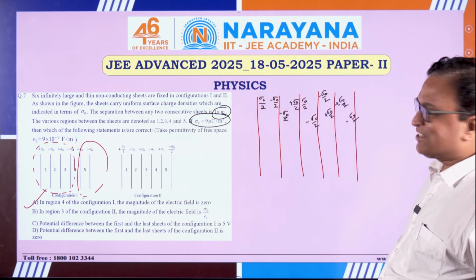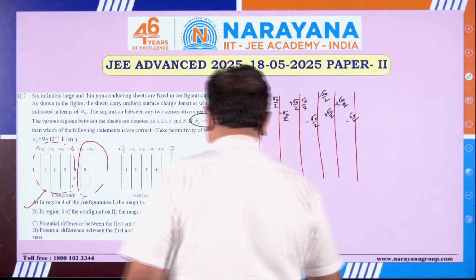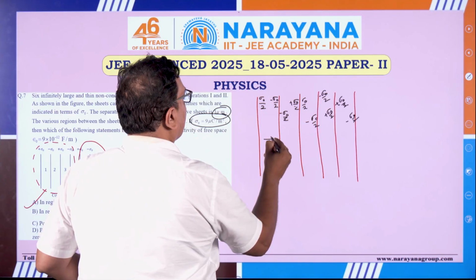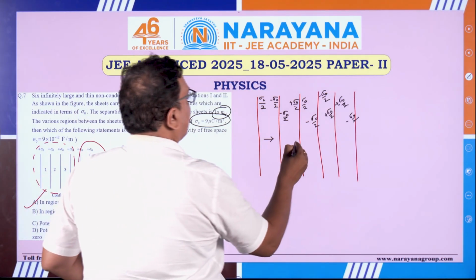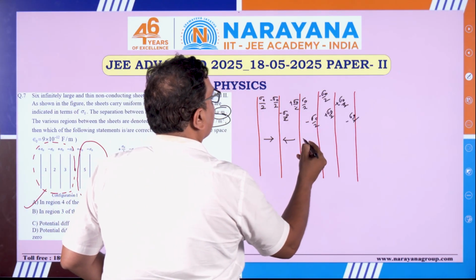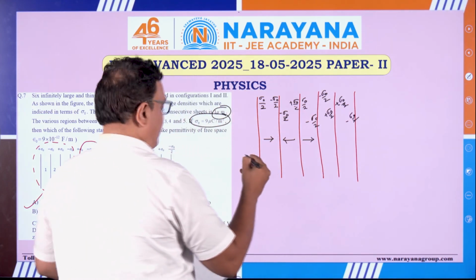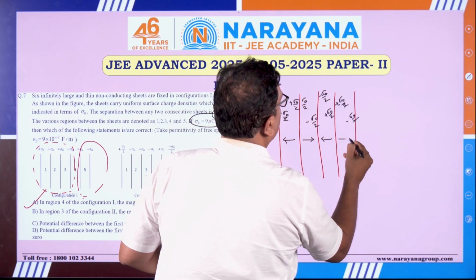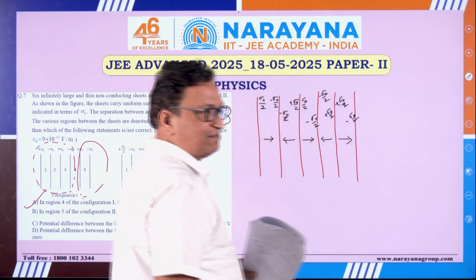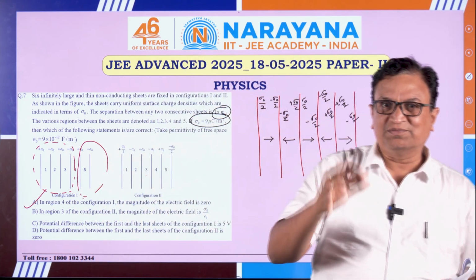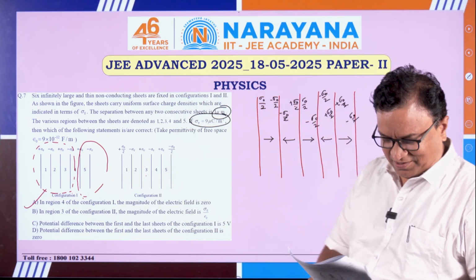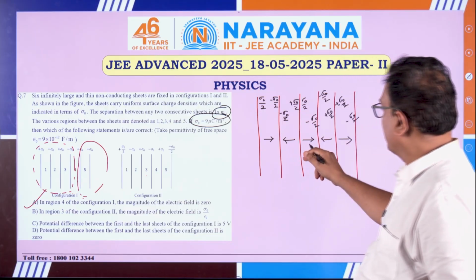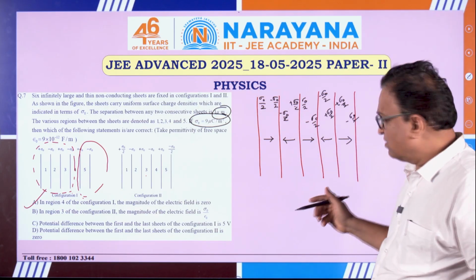Now the question is, in this situation, this is how you have the electric field, and this, and this, and this, and finally this is how you have the electric field. Don't forget the direction. In region 3, meaning here, what is the field?